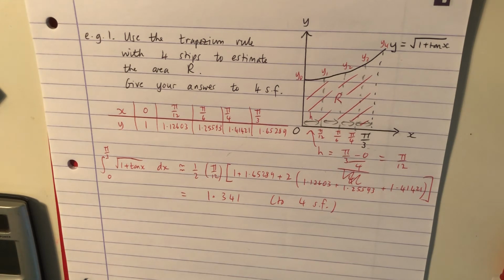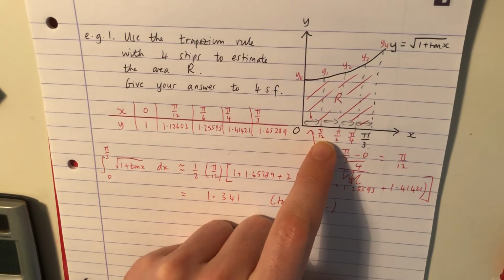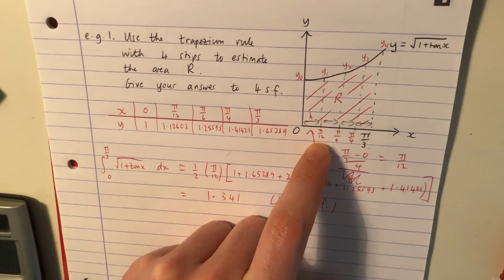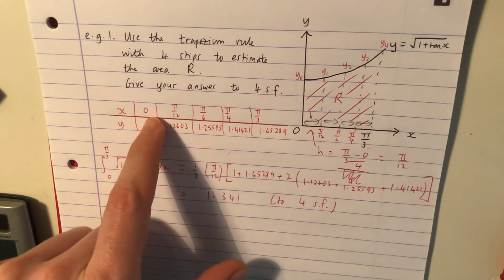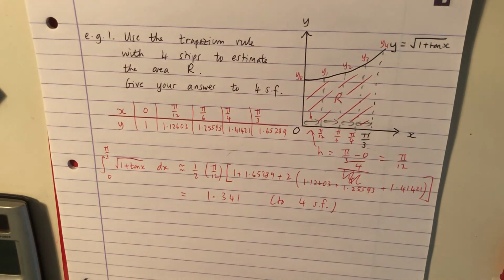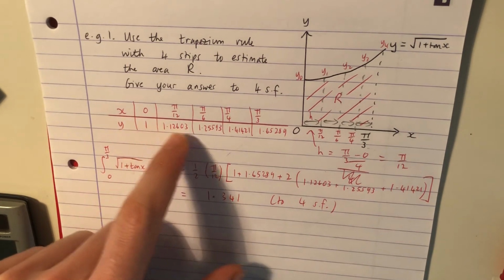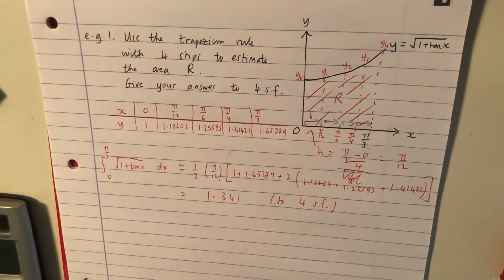A couple of things I had to work out was this strip width. Once I worked that out, that would be my x values, and then use the table function on the calculator to work out the y values. Then everything is substituted in the formula, which is given to you in the formula booklet.